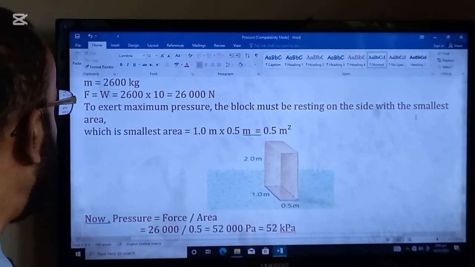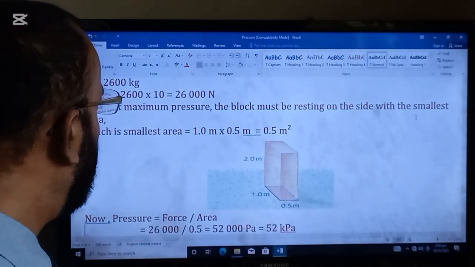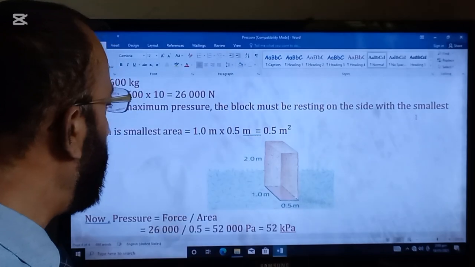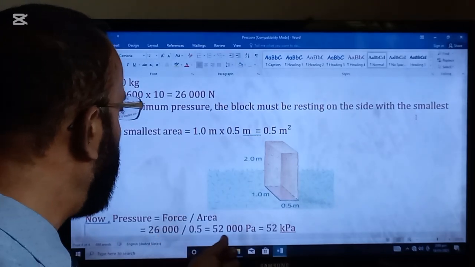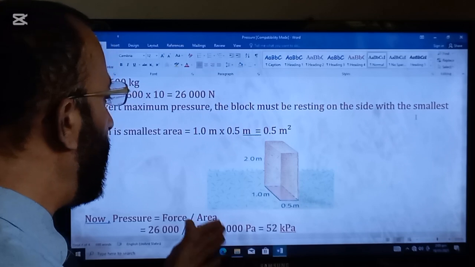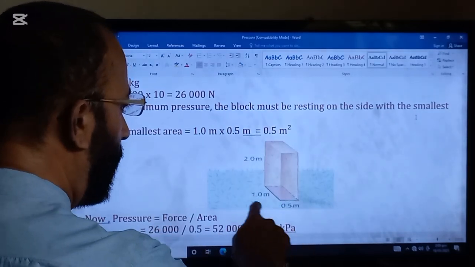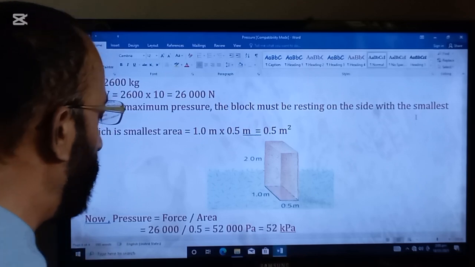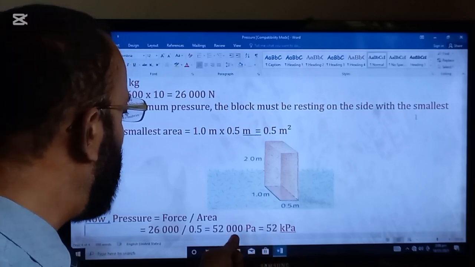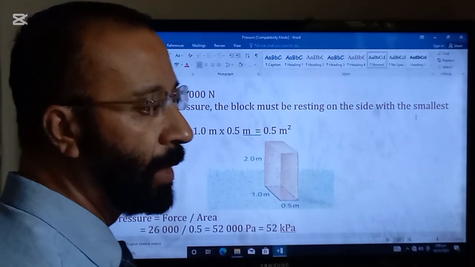So putting values into the formula, pressure is equal to force over area. Force is 26,000 and area is 0.5. After solving it on the calculator, this is the maximum pressure that can be exerted by the block if it is placed on this side. In kilo, there are 1000 pascals. So the answer is 52 kilopascals.